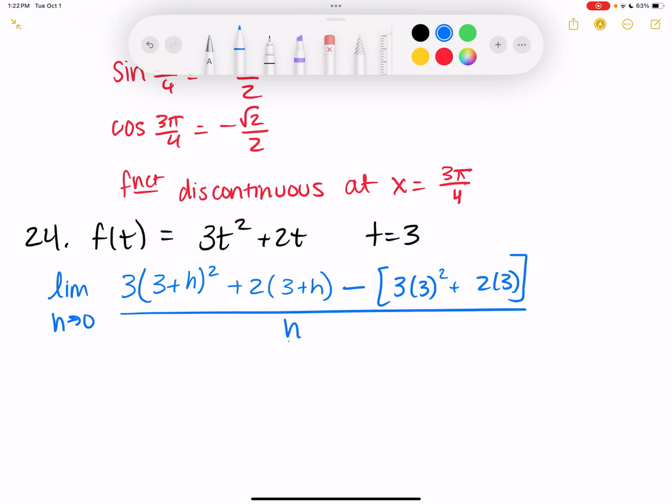Now this is a perfect square trinomial. To save having to write the whole thing out, what does this factor into? 3 plus h squared. I'm just thinking of h squared.